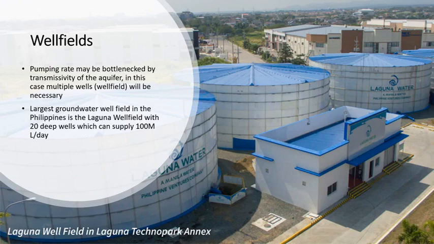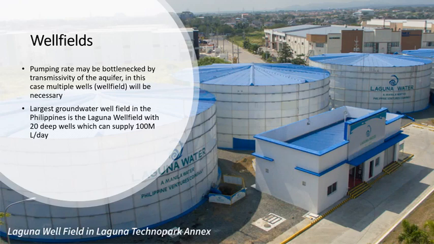Now, note that when we are talking about water supply using groundwater wells, we are not just talking about single wells here. You may note that the pumping rate of aquifers may be bottlenecked by the transmissivity of the aquifer.